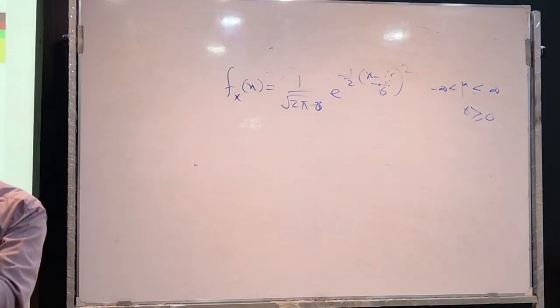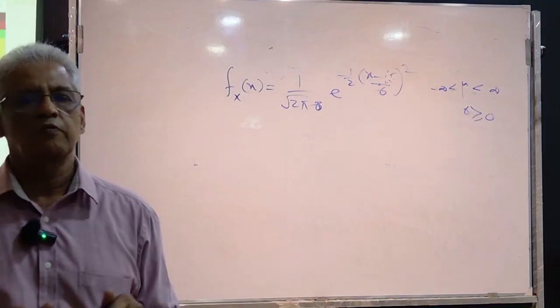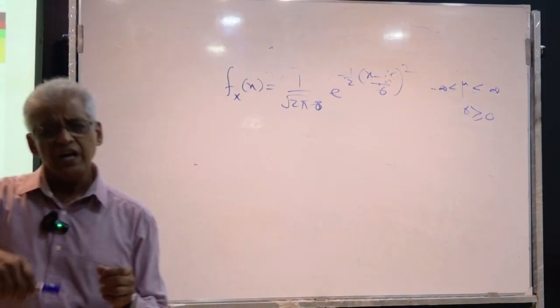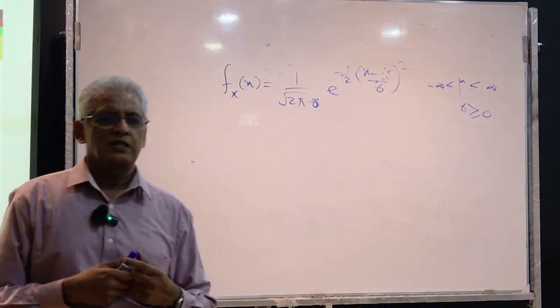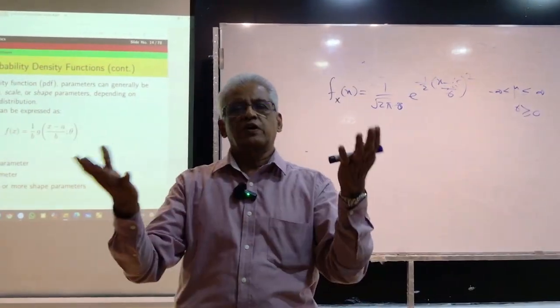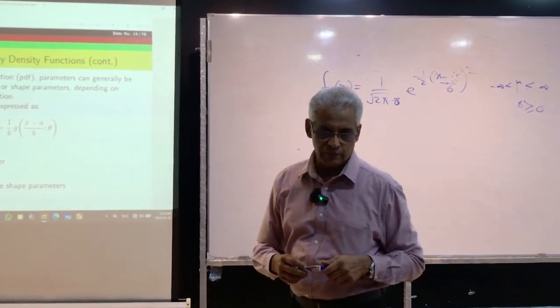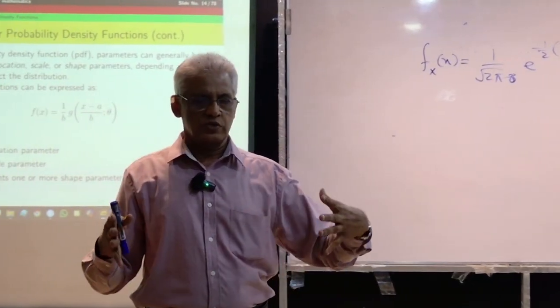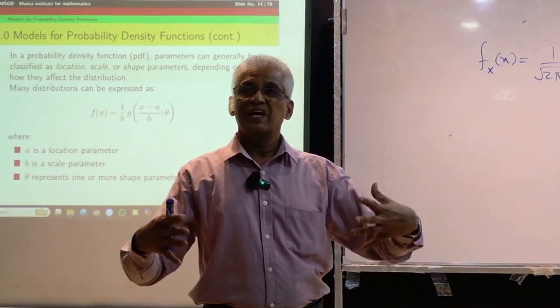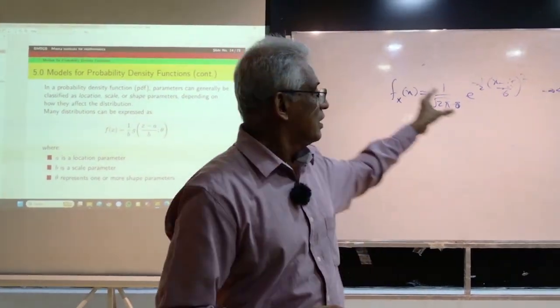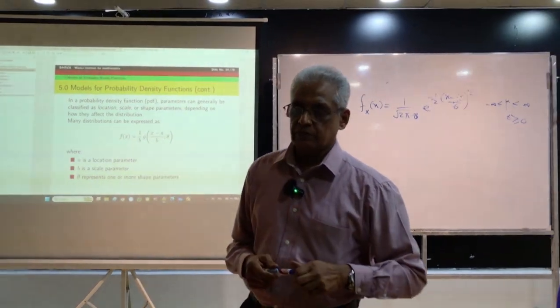The question is, for our particular problem, what is the most suitable value for mu and for sigma? So we have to estimate values for mu and sigma, put them in, and then use that function for further calculations. In general, when we talk about distributions and models, there are parameters in those functions. In this one, mu and sigma are parameters.